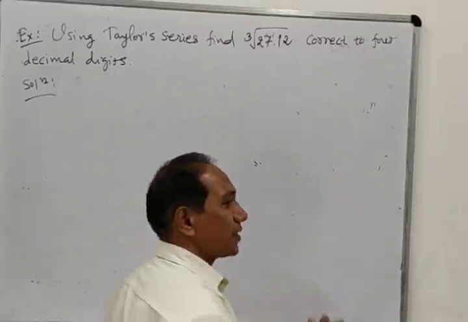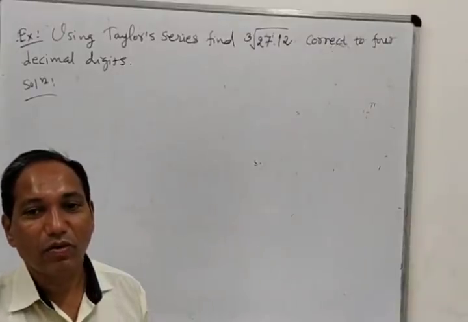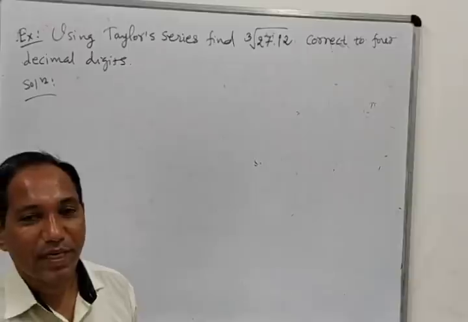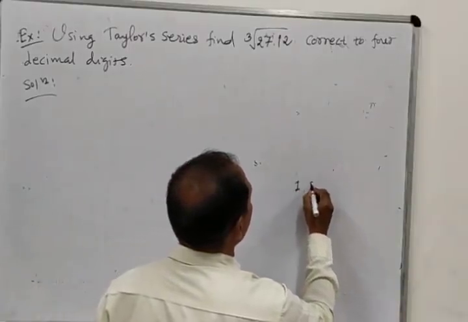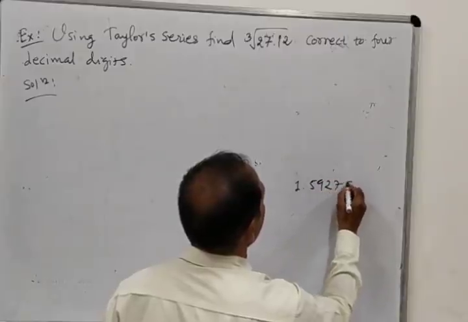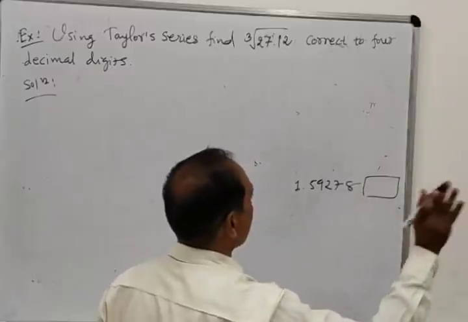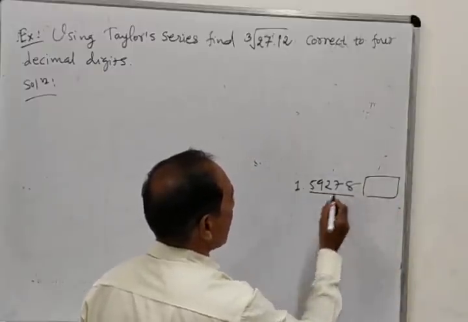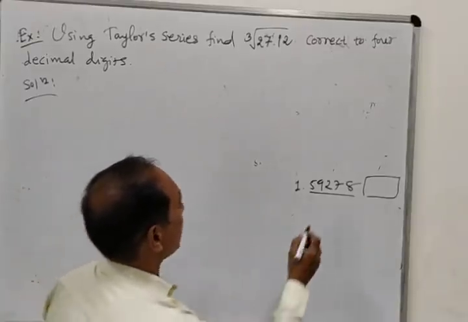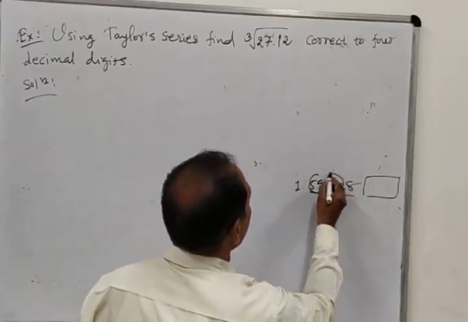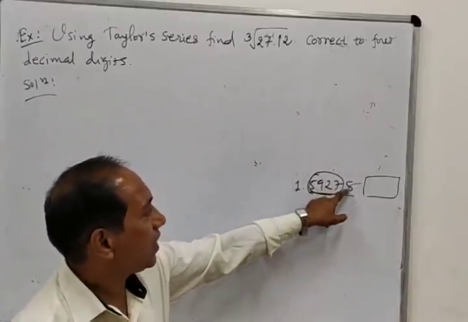That means the 6 or 7 digits, whatever are there in the value, will be rounded off automatically by the calci. Suppose you get 1.59278 like this. So you will not get the digits after this one. You will get only 5 digits. And why 5 digits? We want the answer correct up to 4 decimal digits, that means up to these 4 digits only.